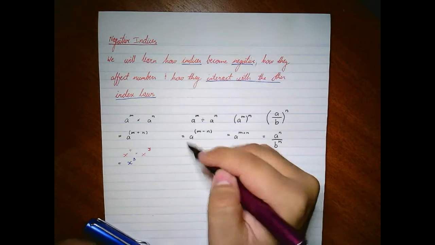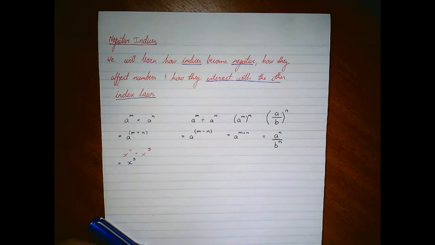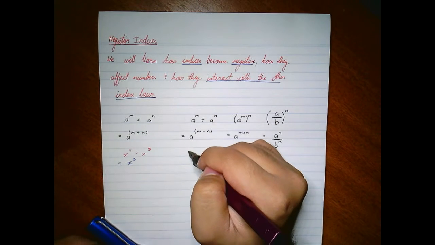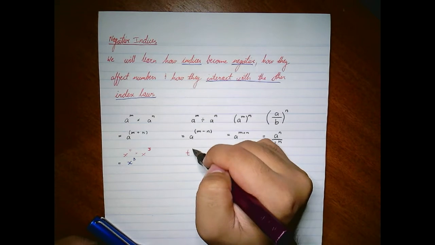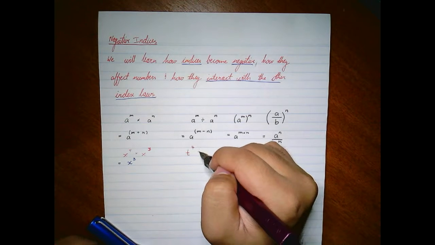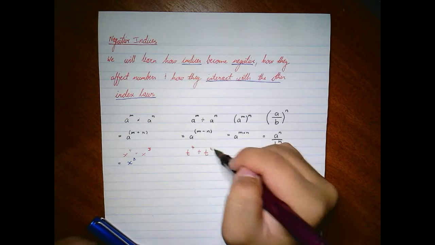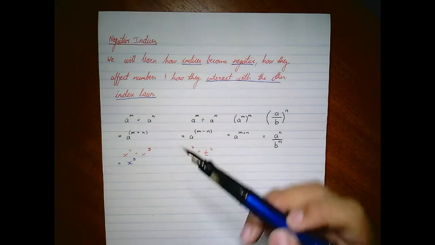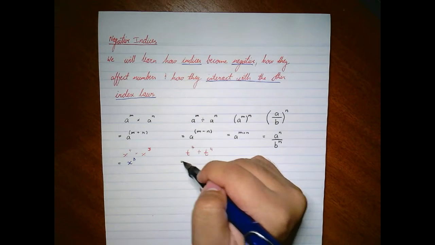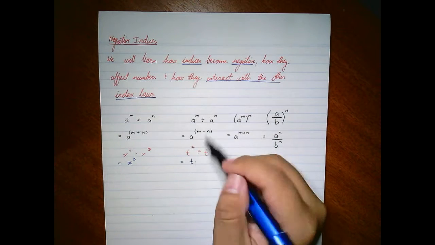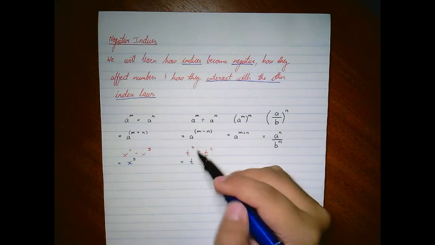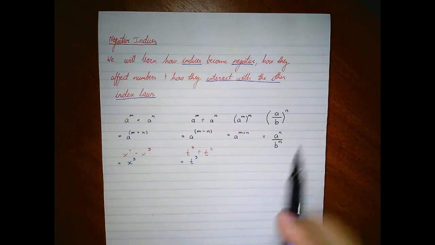And this one, just as an example, if we have t to the power of 7 divided by t to the power of 4, that is equal to t to the power of 7 minus 4, which is 3.